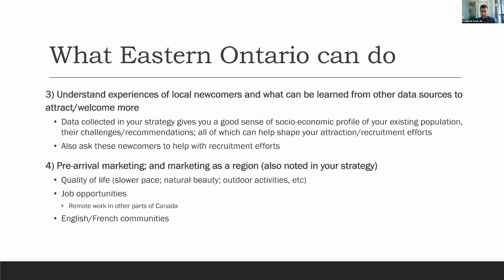One of the reasons this is so important is because you don't have to reinvent the wheel in terms of the action that you take after collecting this data. By taking a look at it, you can understand the demographic, economic, and social profiles of the newcomers already in your community, and apply that to your efforts to attract and retain more immigrants moving forward.